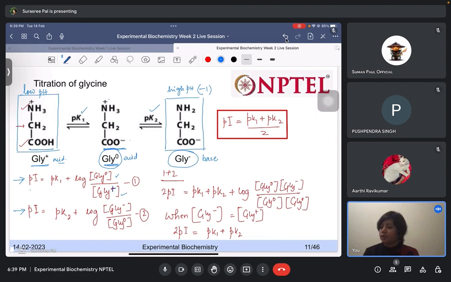That is why glycine 0 is in the denominator and glycine negative is in the numerator: pH equals pK2 plus log of the concentration of glycine minus divided by the concentration of glycine 0. We denote it as equation 2. Now please let me know if you have any confusion till this part, in how these two equations are formed.